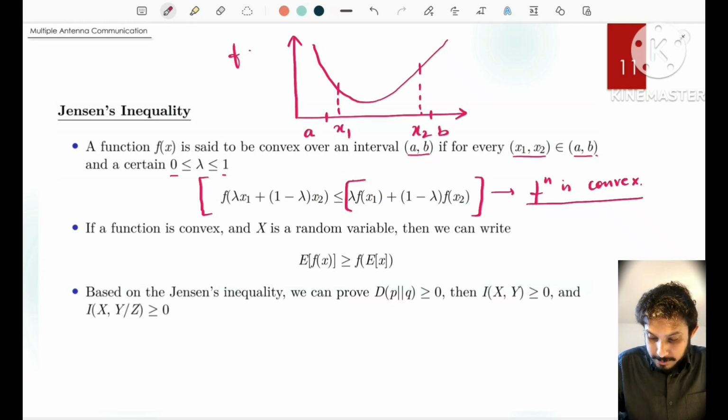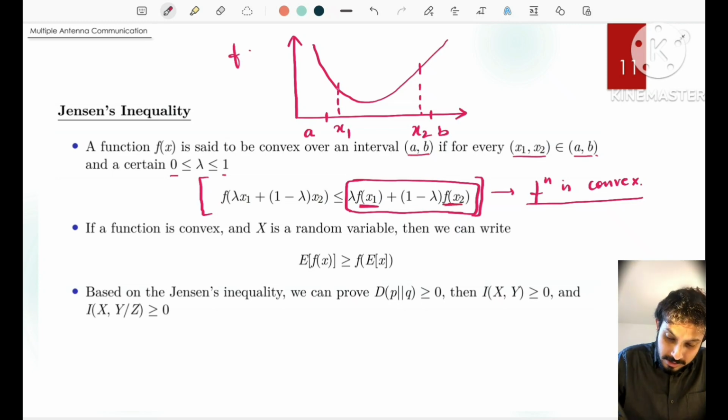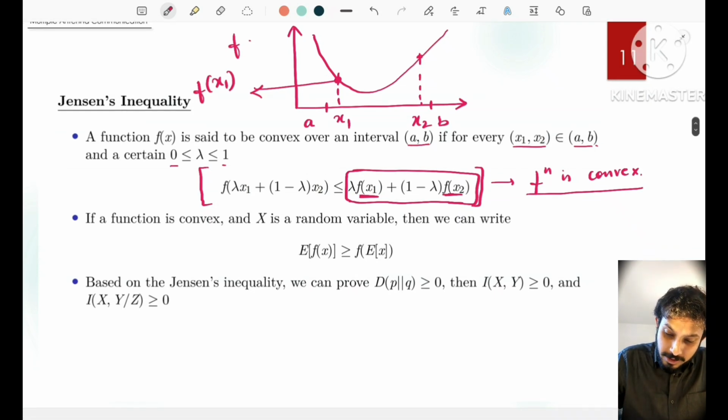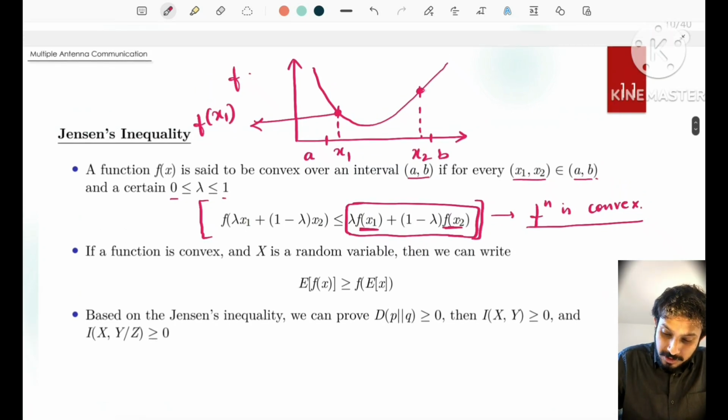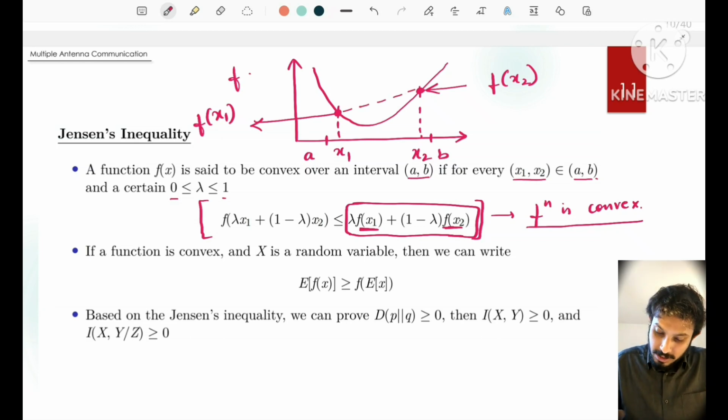So the right hand term specifies if we draw a chord between the 2 points f(x1) and f(x2), this is f of x1, and this is the function value at x2, f of x2.